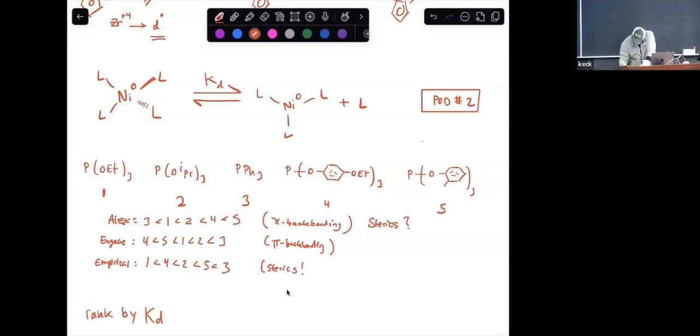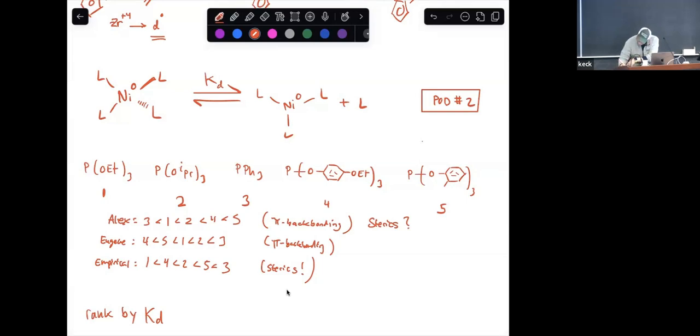Because as it turns out, and this is just why these types of questions are complex and organometallic chemistry is complex, sterics turns out to be the dominant factor here as opposed to electronics, even though I cruelly asked this question right after discussing back bonding ad nauseum.